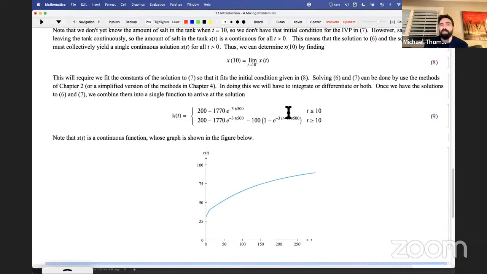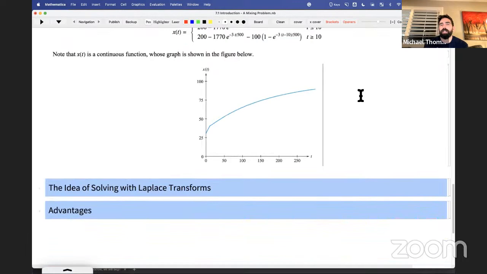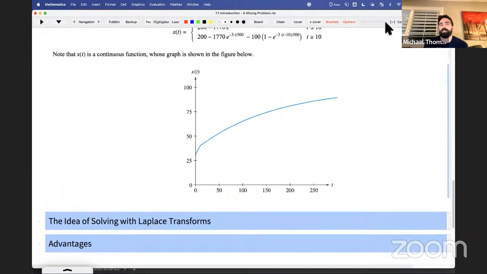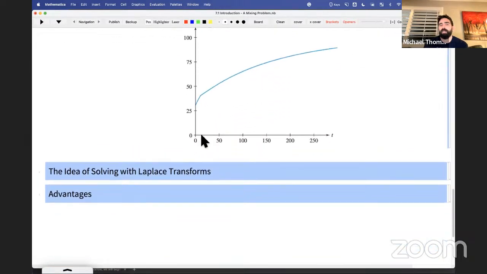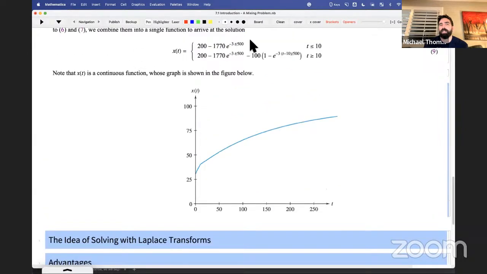All right, so if you graph this function, put it in Desmos, it's going to look something like this. So you'll notice for the first 10 minutes, it acts like this function, which is exponential. And after the 10-minute mark, it acts like this function, which is also exponential.